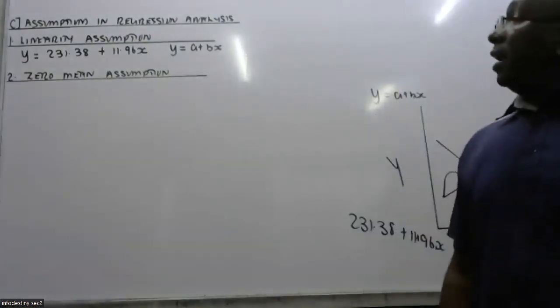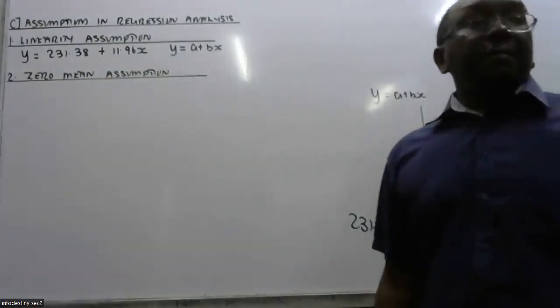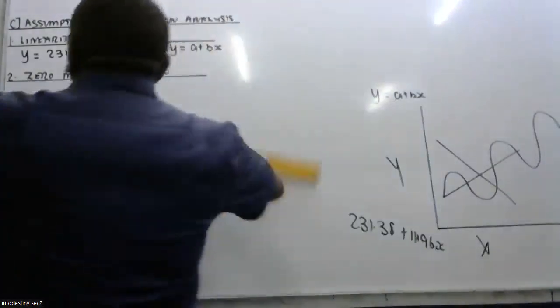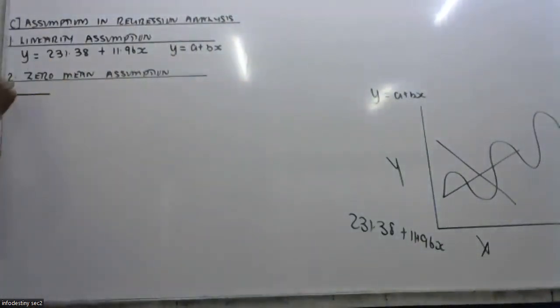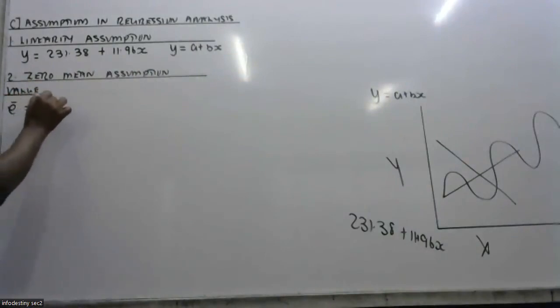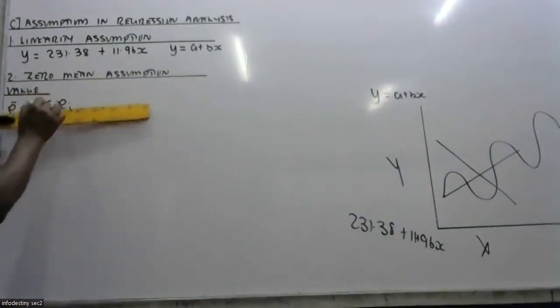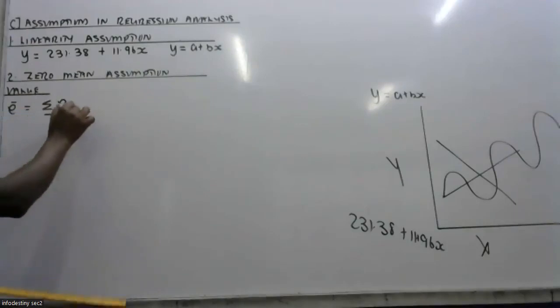And what you do is simply confirm. We can have the value where E bar is given as the sum of the e_i divided by n.